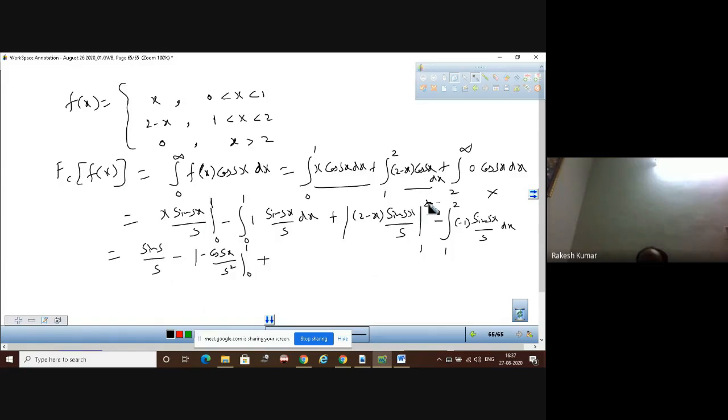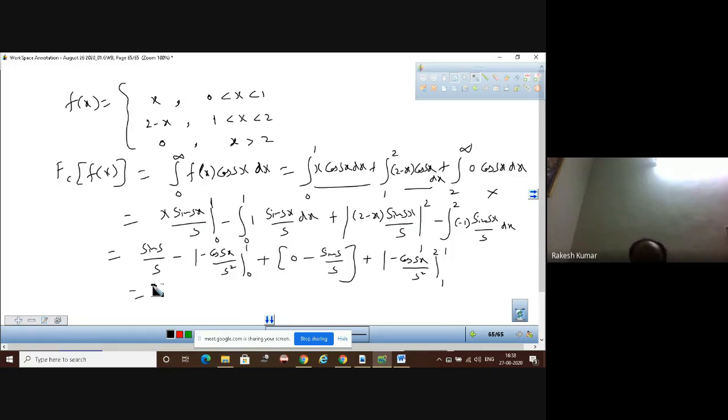Now, for the upper limit 2, 2 minus 2 is 0. For the lower limit 1, 2 minus 1 will give 1, and that will be sin s over s. And that is a minus, and minus is a plus. The integration of sin is again minus cos sx over s square within the limits 1 to 2.